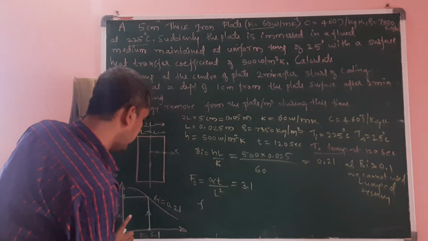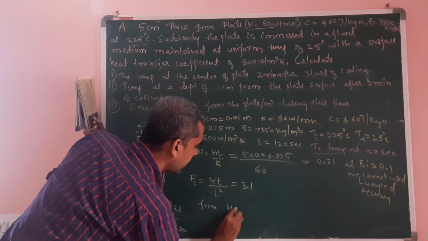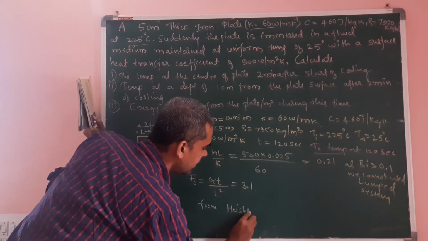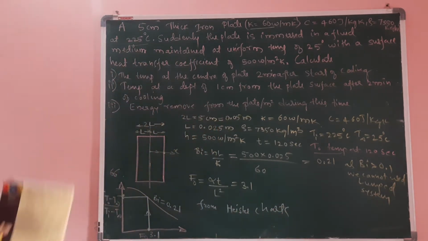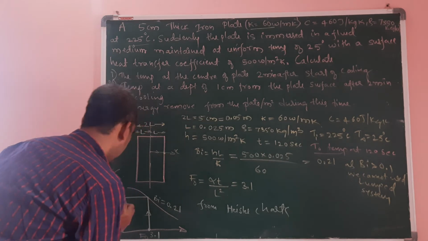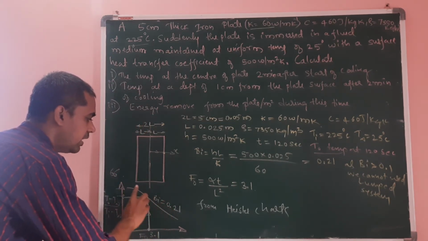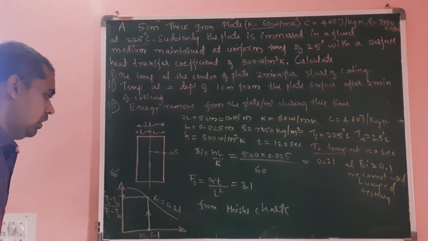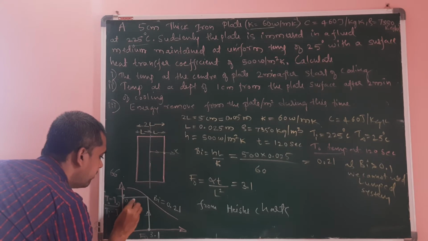From the Heisler charts, if you draw a vertical line at 3.1, wherever it cuts 0.21, and draw a horizontal line, it will be 0.58.